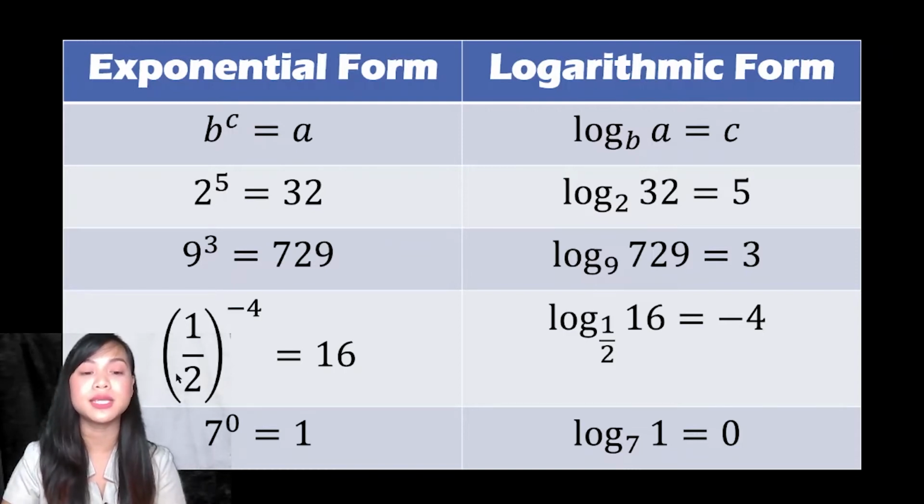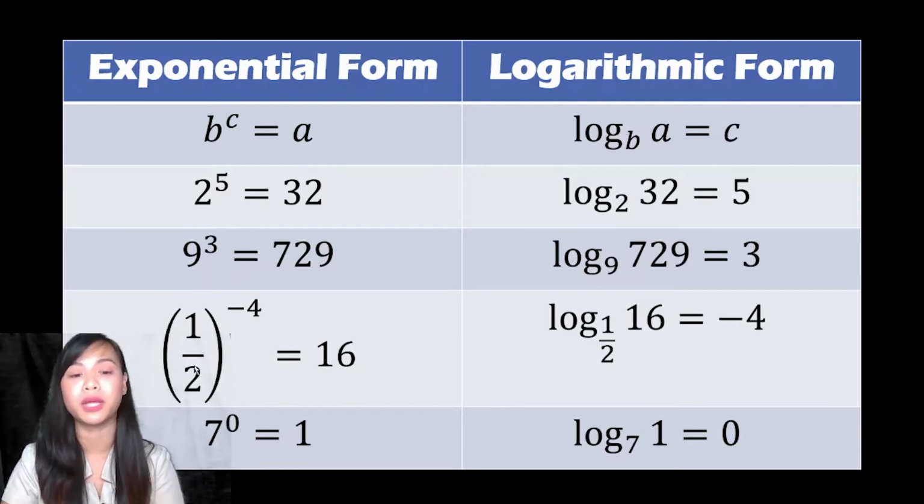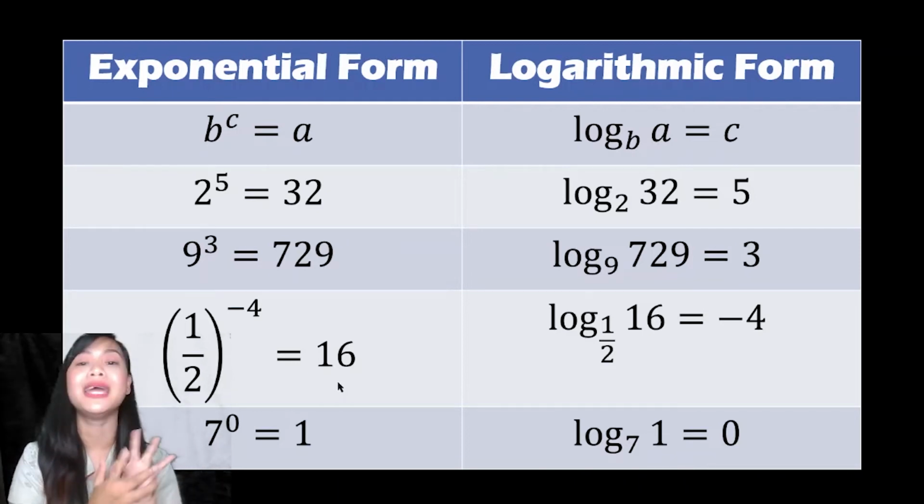Since it's in the denominator, we take the reciprocal to eliminate the negative sign of the exponent, so it moves to the numerator and becomes 2 raised to 4. 2 raised to 4 equals 16: 2 times 2 is 4, times 2 is 8, times 2 is 16.